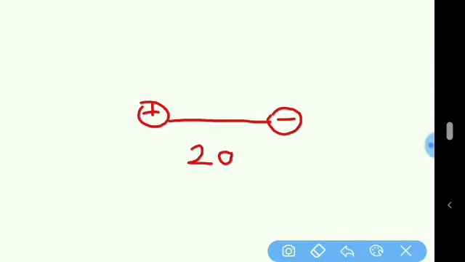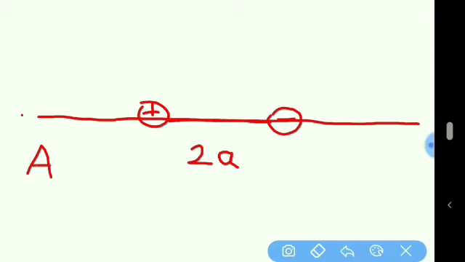Now students, we know that an electric dipole is made up of a positive charge and a negative charge, which are separated by distance 2a. Now here an imaginary line passing through both these charges is called the axis of a dipole.